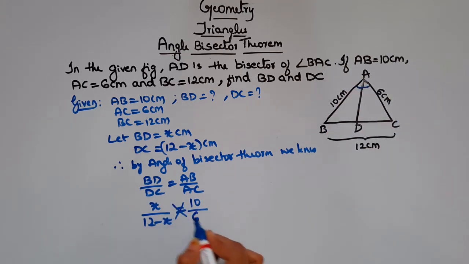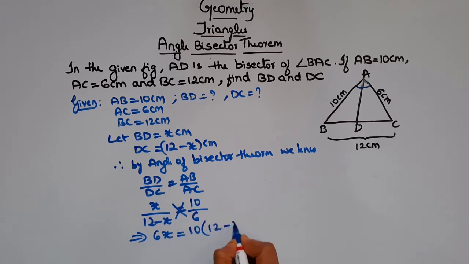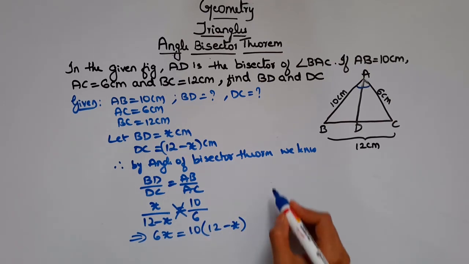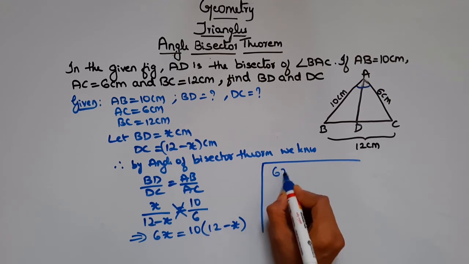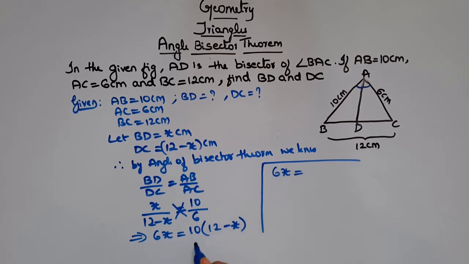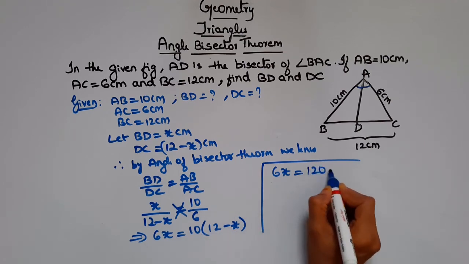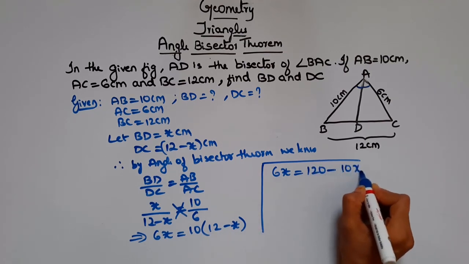So, let us cross multiply here. So, this implies 6x is equal to 10 into 12 minus x, right? So, let me simplify here. We have 6x is equal to 10 into 12 is 120 minus 10x, right?